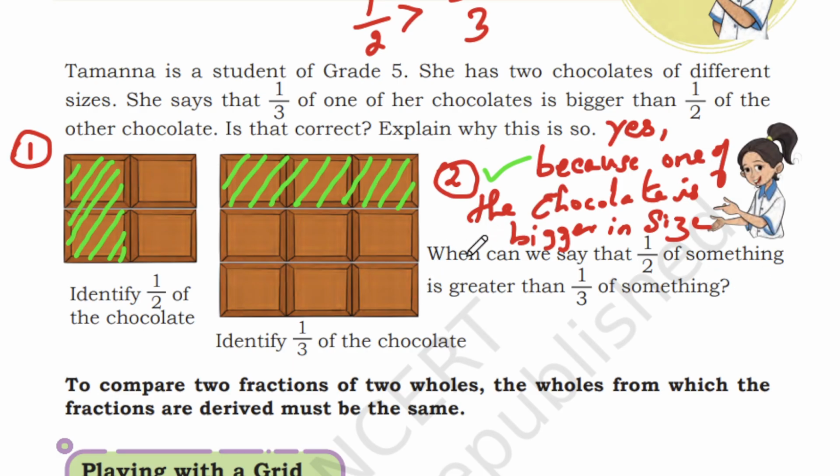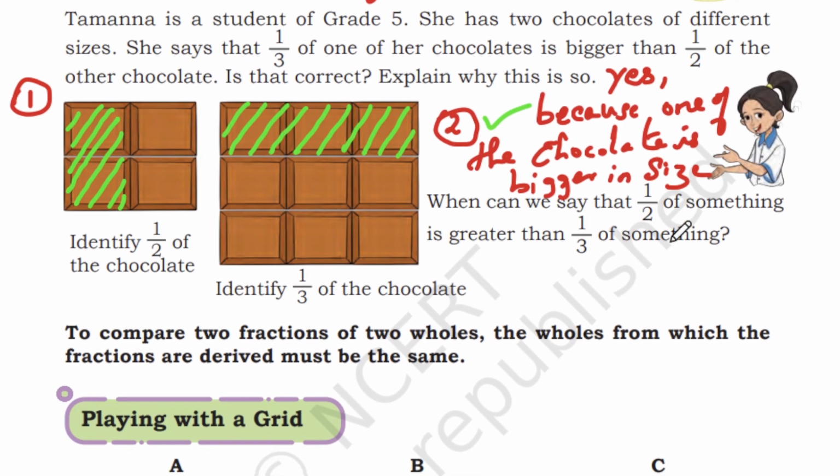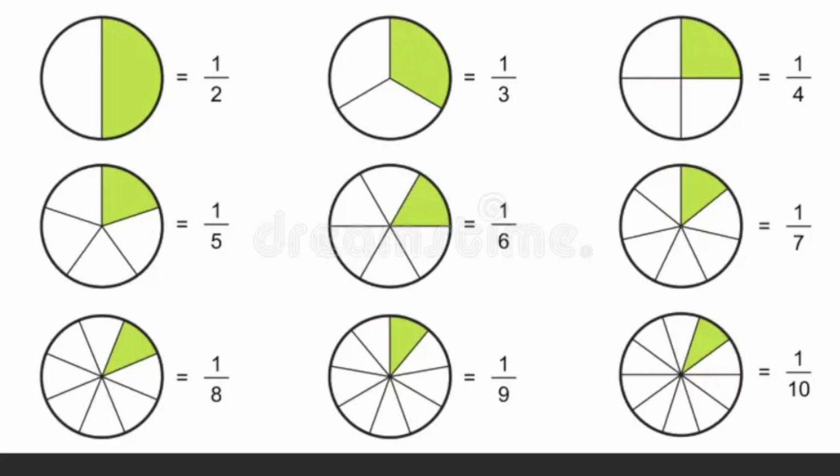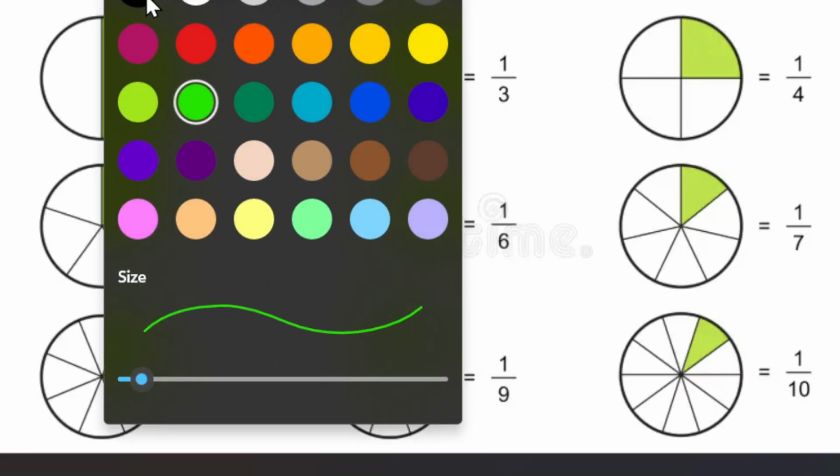So next, when can we say half of something is greater than 1 by 3 of something? It means we should have the equal number of wholes. For example, I'll show you a picture. Okay, look at this picture. So we have the wholes equal here. Here when you see, I'm going to change the color to black.